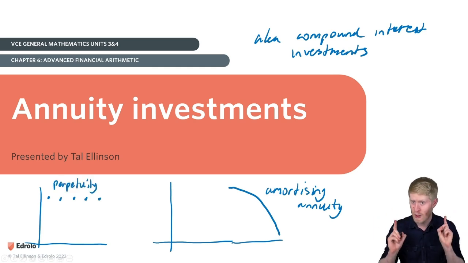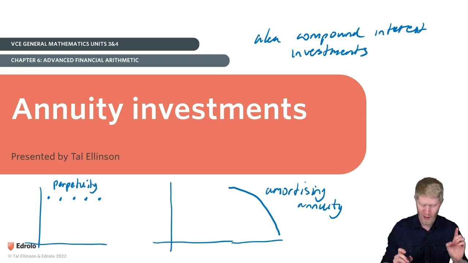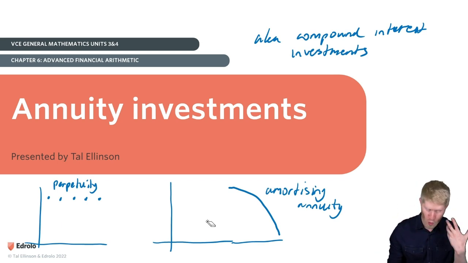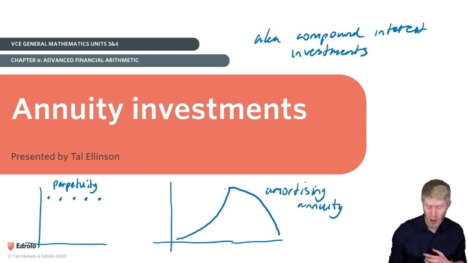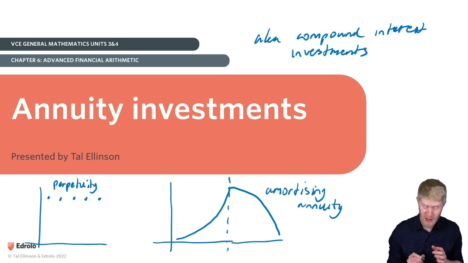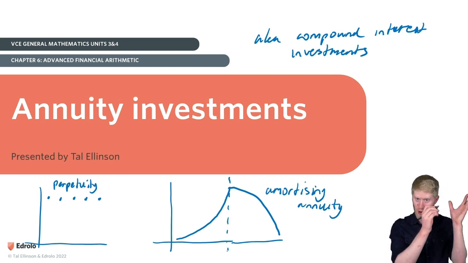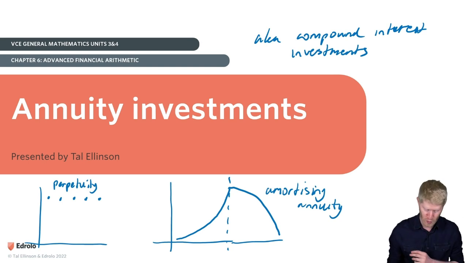For today's lesson, we're looking at something that is neither of those two. We're looking at how we build up to get this amortising annuity in our retirement. Over your working life, you're going to be putting money into super, and that's going to grow with interest over time, and you're also going to be adding regular payments. So this split here is the difference between the annuities we've seen so far and the ones we're looking at today.